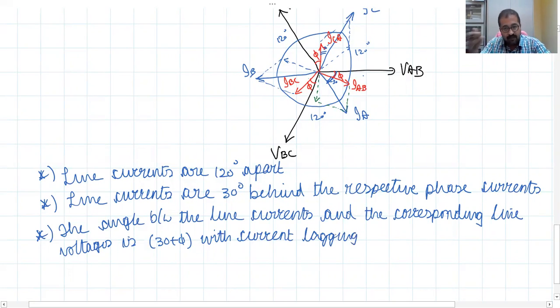Okay, if current is leading, it will be the other way around. Okay, it will be 30 minus φ.